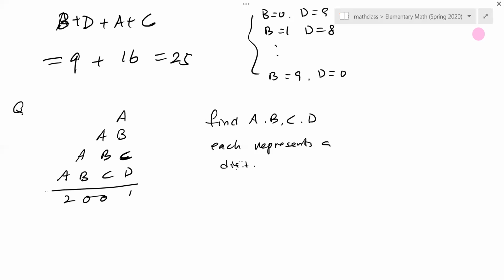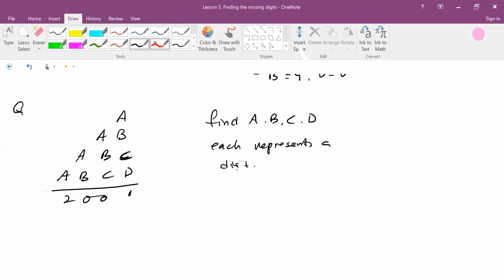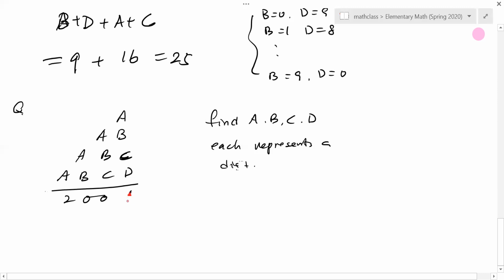All right, so let's look at this problem. I don't know what's going on with my pen.